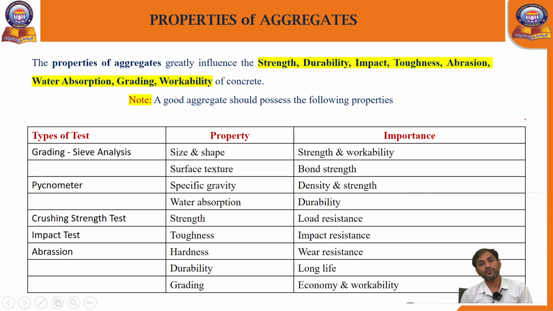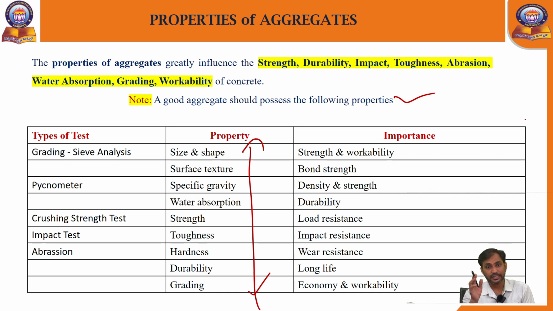As per IS 456, we will select the grading of aggregates for good workability of the concrete. See, important note: a good aggregate should possess the following properties. What are those properties? Here I have mentioned them.